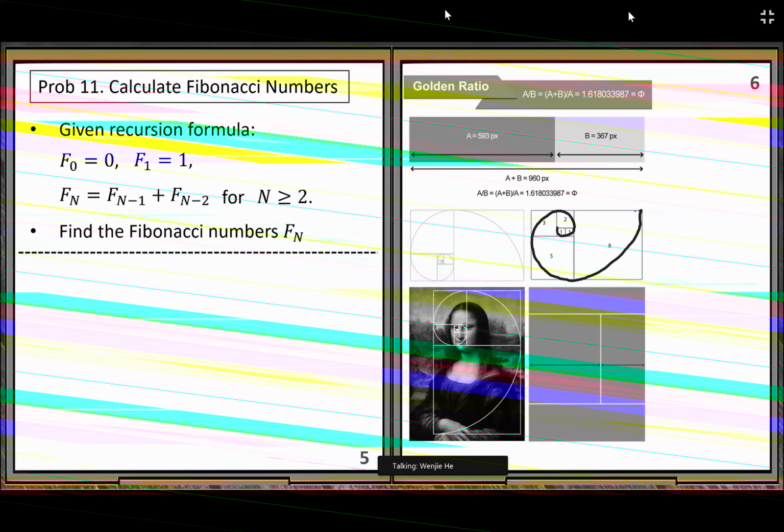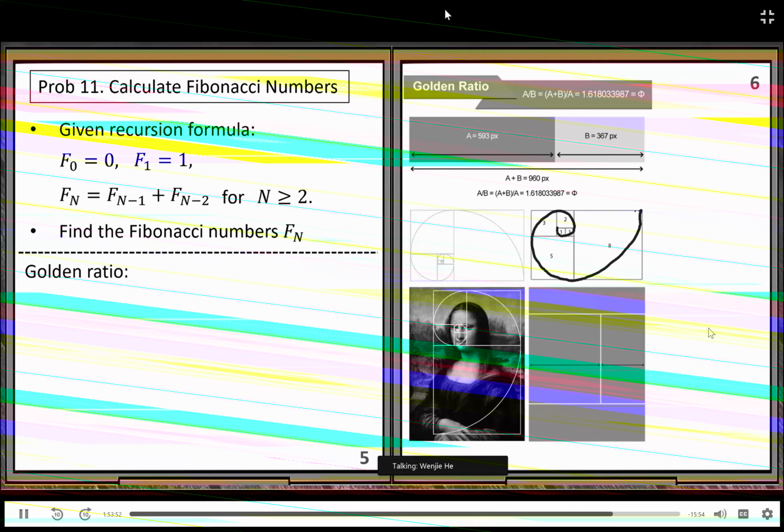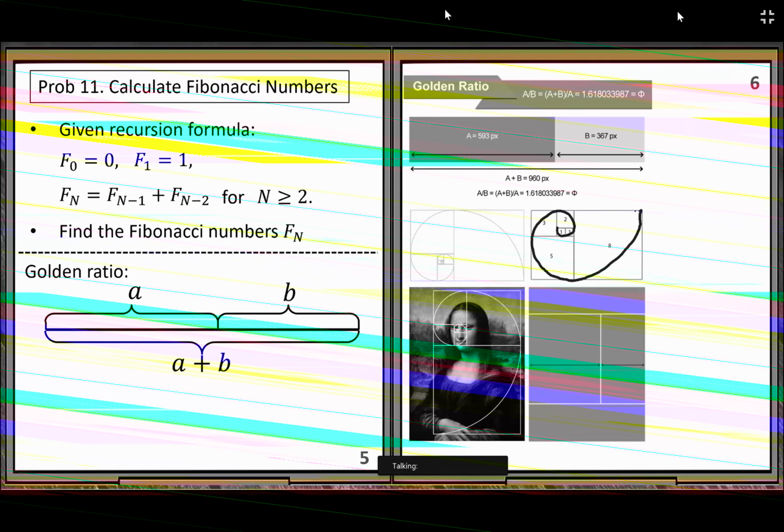So what is the golden ratio? How did people get this special number? This number is very special. Ancient Greek people loved math.